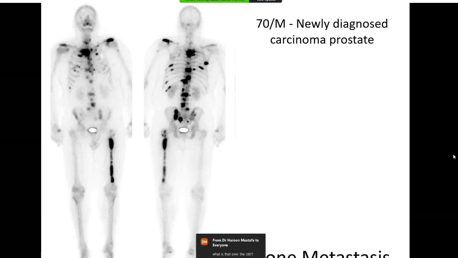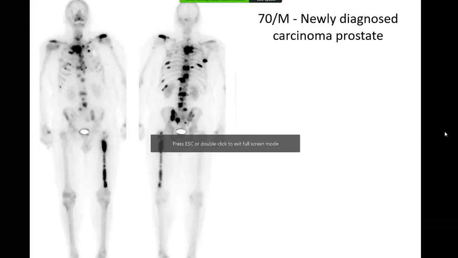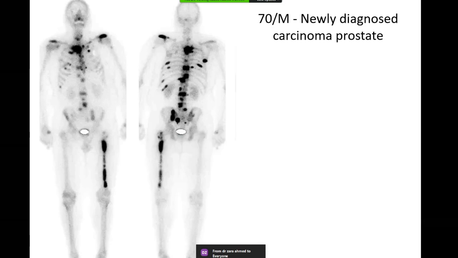Somebody has asked, won't the lytic metastasis be a photon deficient area? It's not really true. What causes increased uptake on the bone scan is the osteoblastic activity. So even with the lytic metastasis, you have osteoblastic activity in the surrounding bones, and that leads to increased uptake on the bone scan.